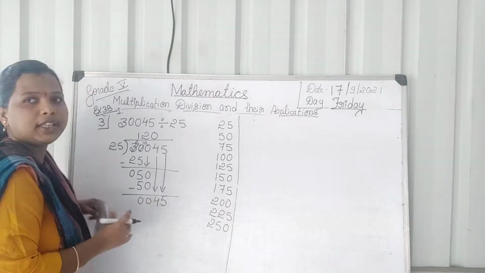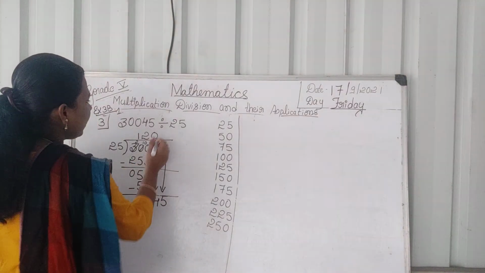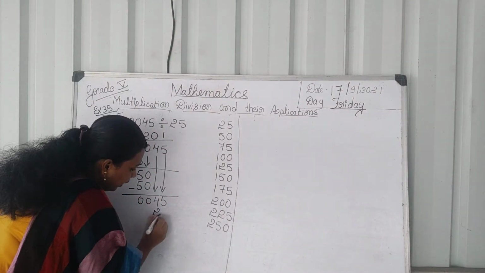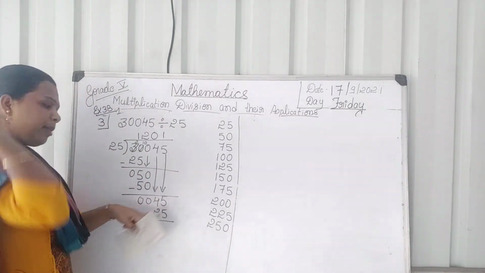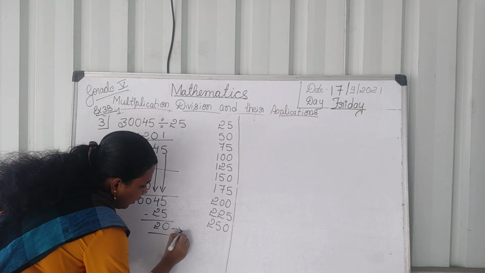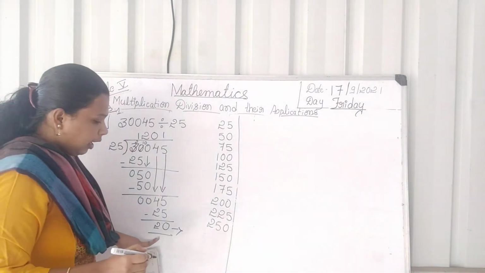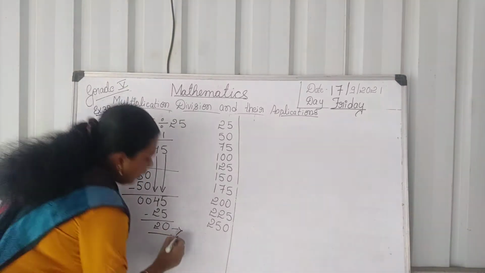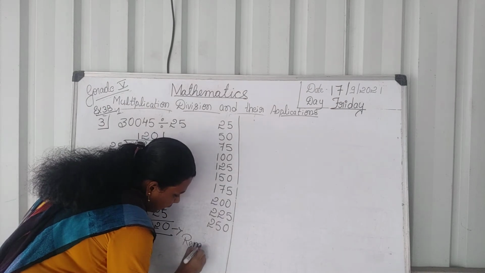Take one more digit now, that is 45. 25 ones are 25. Now 5 minus 5 is 0, 4 minus 2 is 2. Here this 20, after division, is the remainder.